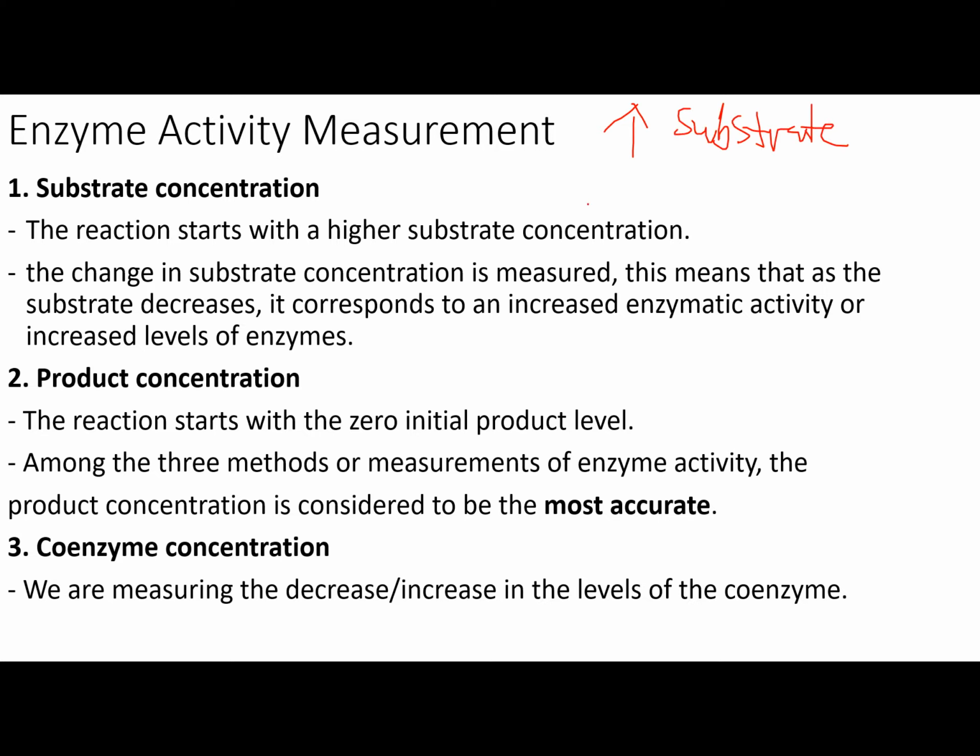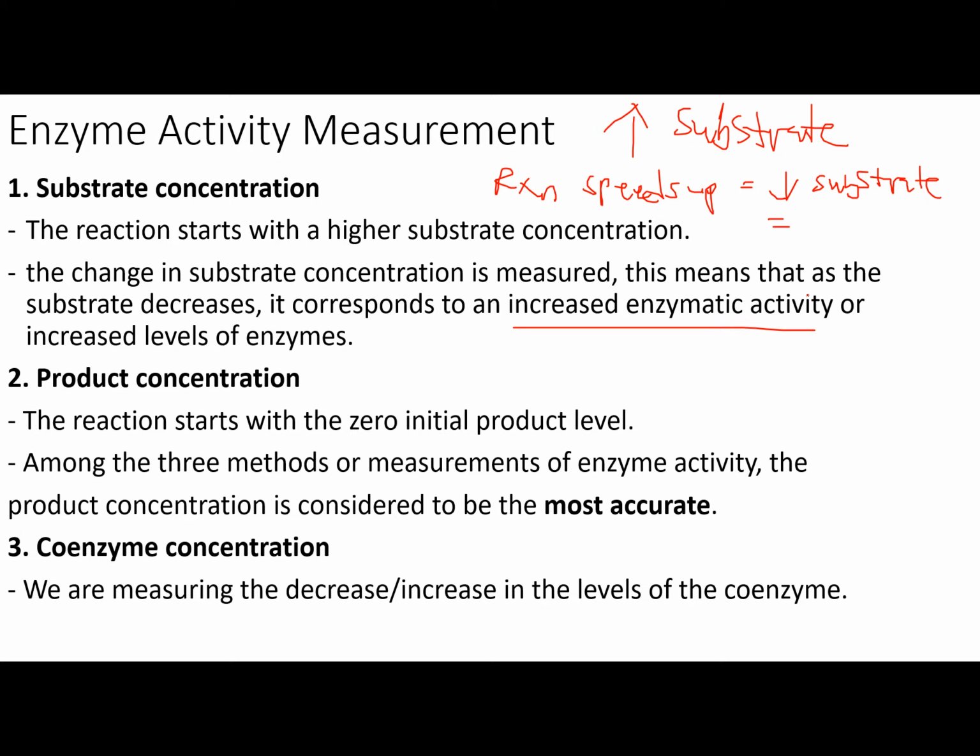So again, class, sa substrate concentration, ang tandaan nyo, at the start, there would be an increased substrate. But as the reaction speeds up, the substrate decreases. So there would be a decreased substrate. And when there is a decreased substrate, class, it corresponds to an increased enzyme activity.